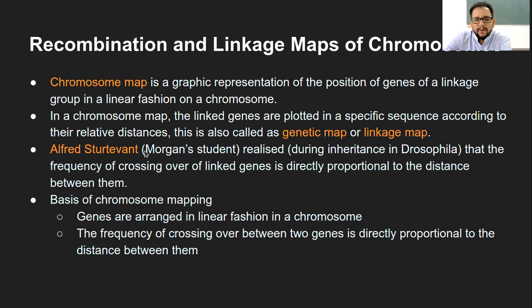Now this fellow Alfred Sturtevant was a student of Morgan. Usually the last name is used, so you might find just Sturtevant as the originator of these linkage maps. He was studying with Morgan, and he identified that the frequency of crossing over of linked genes is directly proportional to the distance between them.